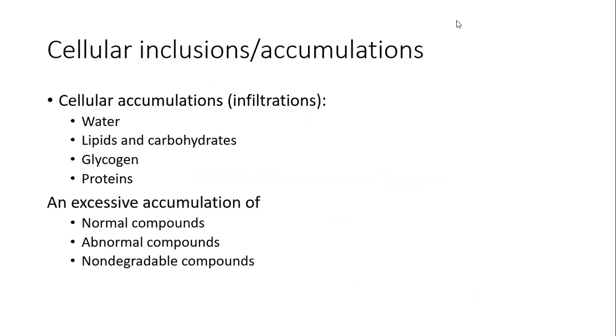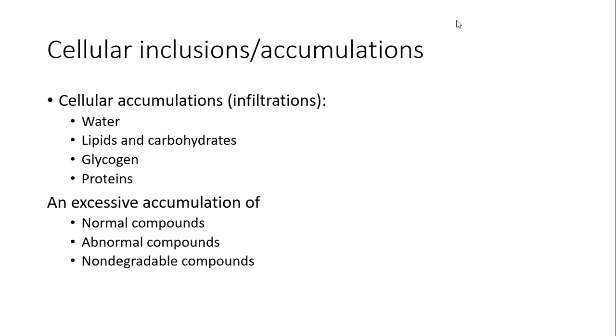So another way that this can be manifested is our cellular inclusions or accumulations. Cellular accumulations are also known as infiltrations, and that's just extra stuff that's kind of walled off in the cell, and things like water, lipids and carbohydrates, glycogen and proteins are normal materials that can be in inclusions or accumulate.